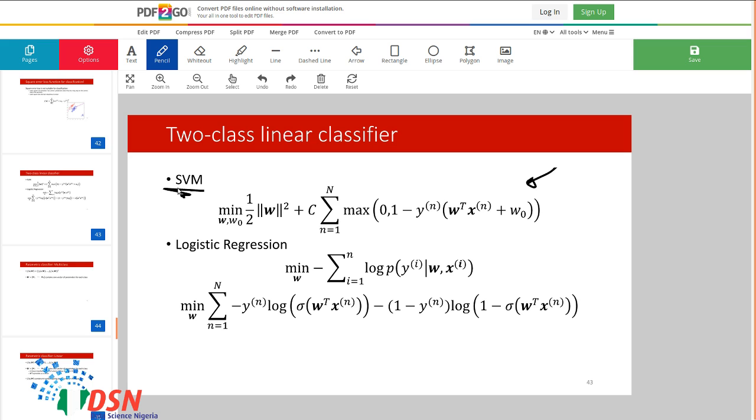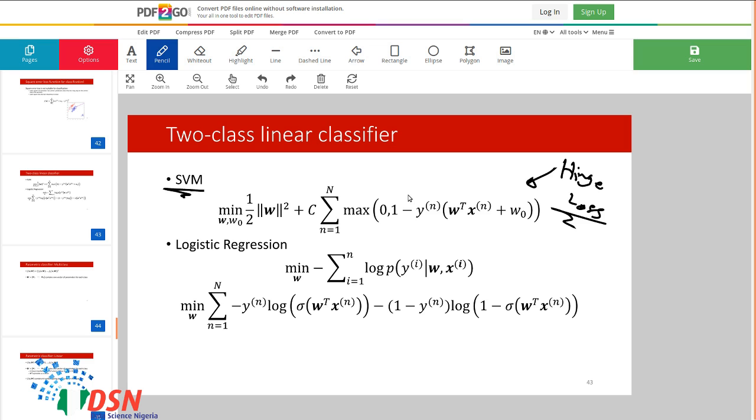It's called SVM loss or hinge loss. It is commonly used, maybe more common than SVM loss in deep learning terminology. As you can see here, we have a maximum. This is the first term, and it could act like the regularization term.